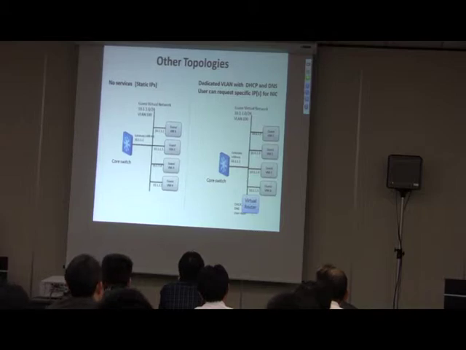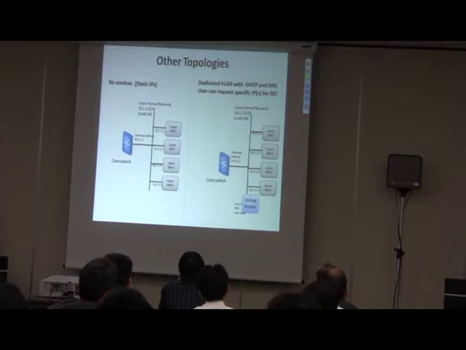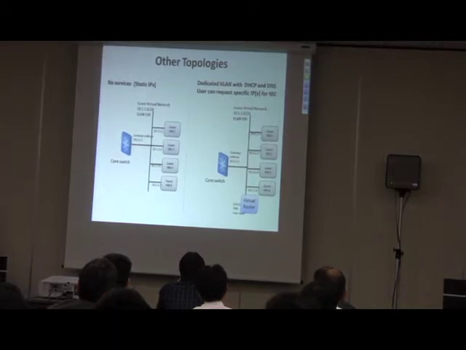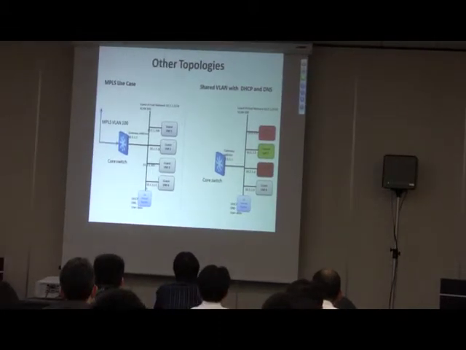We also support dedicated VLAN, and so a user can specifically say what the IP address of the VM is. And we support the idea of having an MPLS connection back to the user's data center, to hook up their virtual networks with the data center's networks.